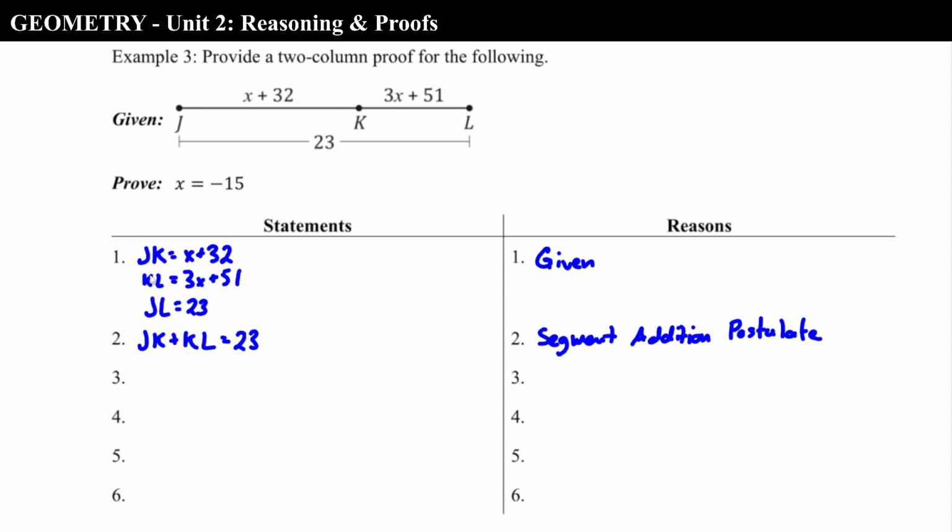All right, for number 3, we're going to substitute in. So we've got x plus 32 in for the JK. We're going to have 3x plus 51 in for the KL. And then 23 here. And that's substitution property.